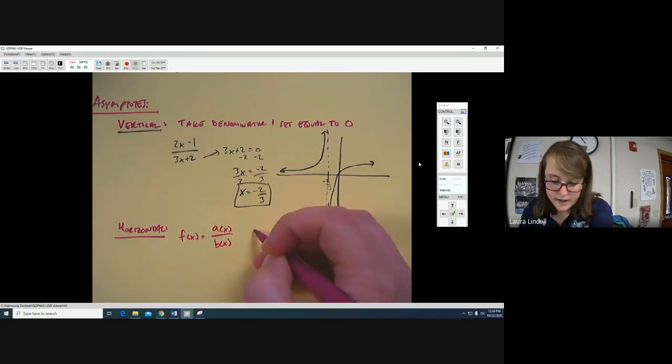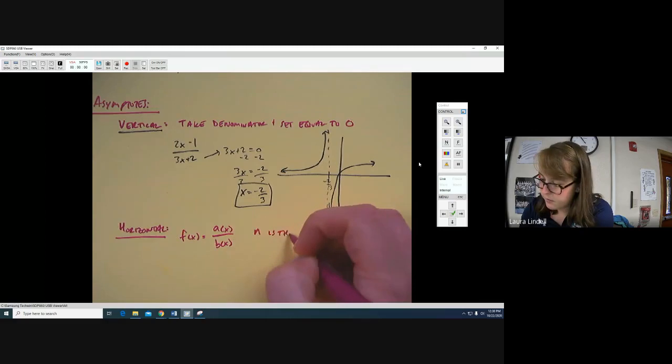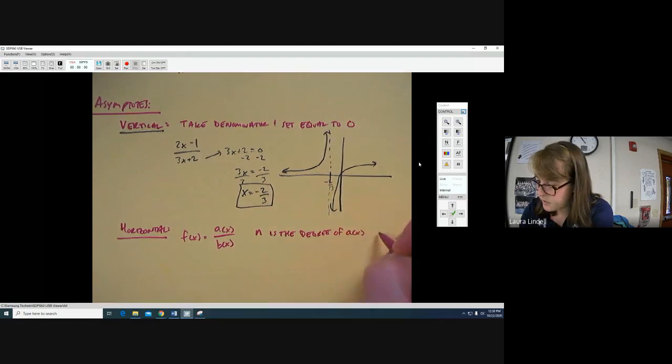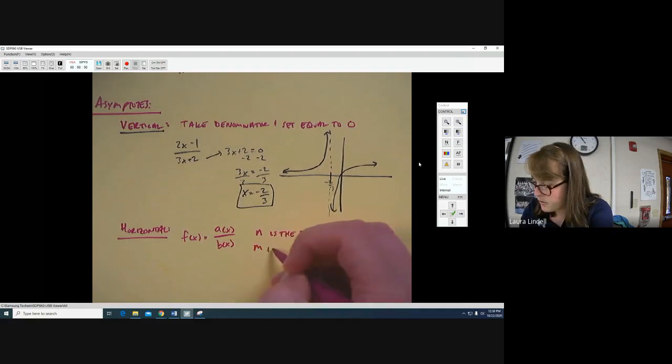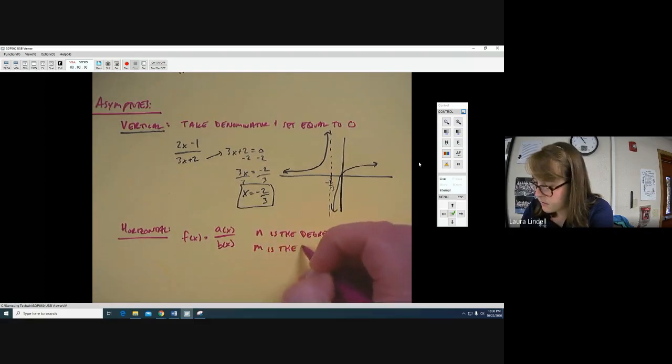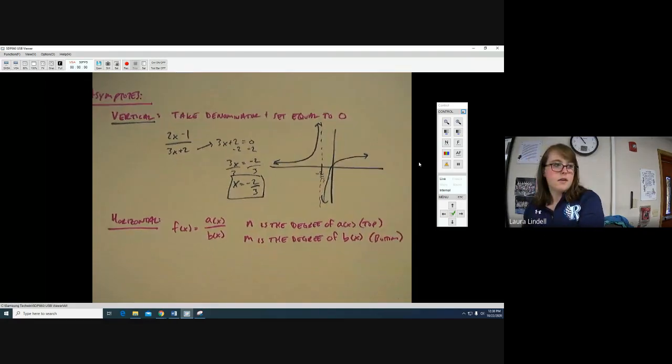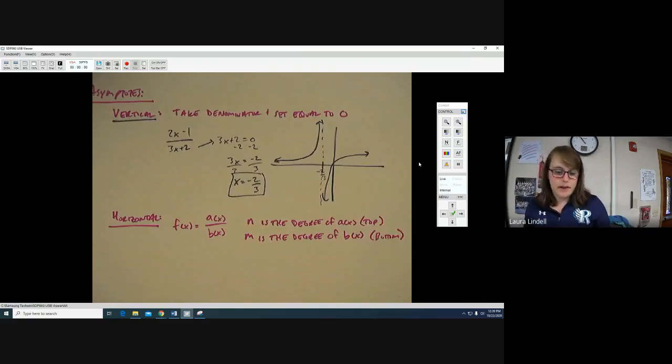We're going to say that n is the degree of a of x, which is the top, and m is the degree of b of x, which is the bottom. And remember, the degree is the highest power of x. So we have kind of three cases here.